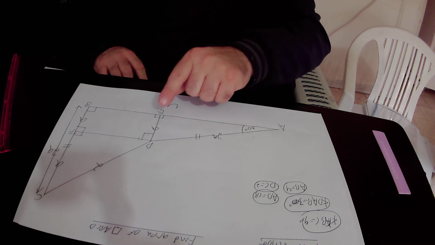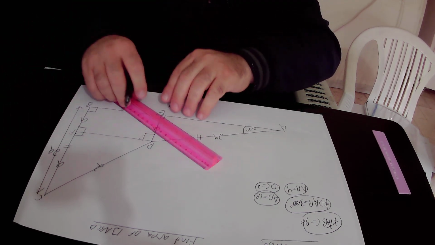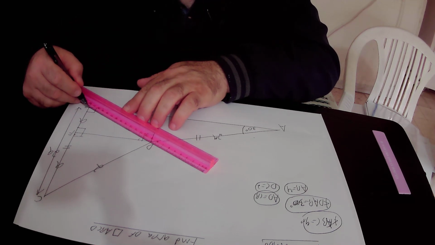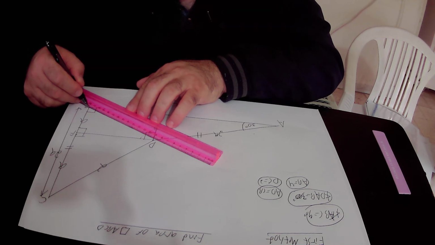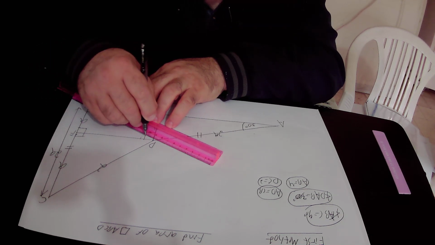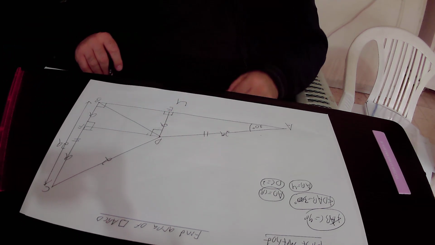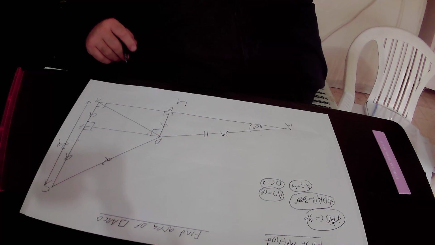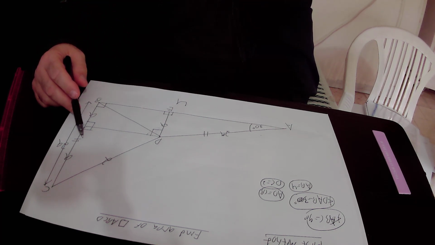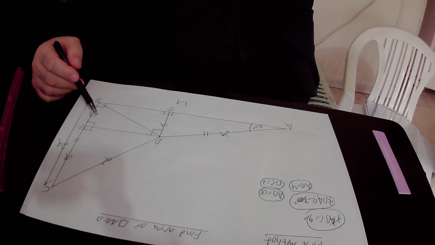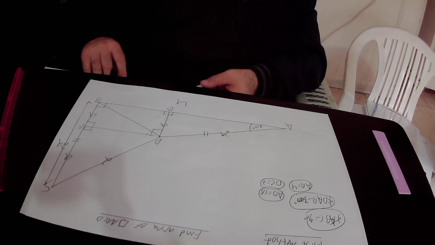In the next step, we will join points D and B together by a straight line. And we will prove that triangle DFC is congruent to triangle DFB. I'll repeat again.